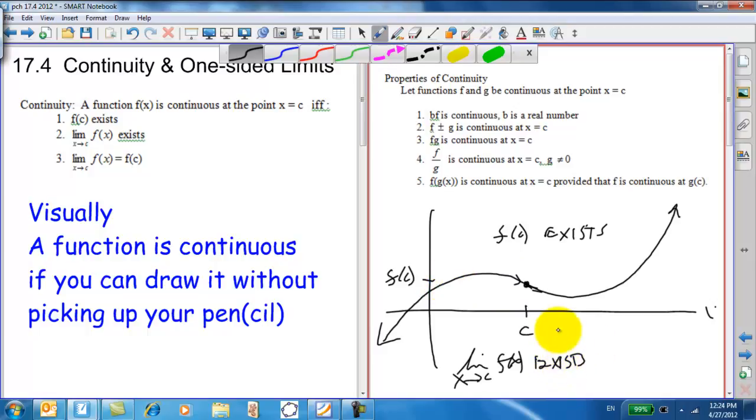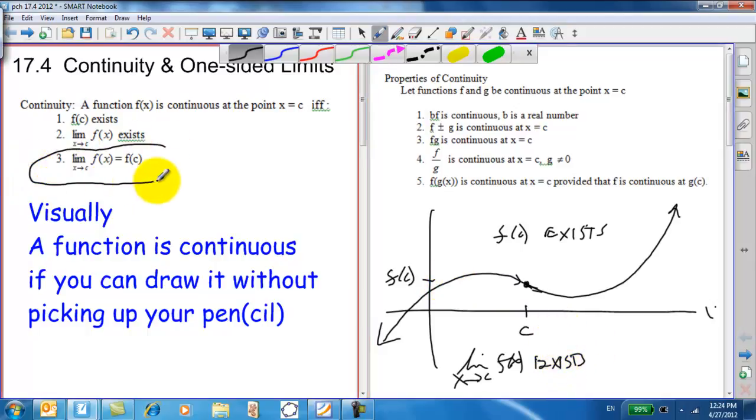When we put these two ideas together, the limit as x goes to c of f of x equals f of c. That the limit and the value of the function agree, then it's a continuous function at that point.